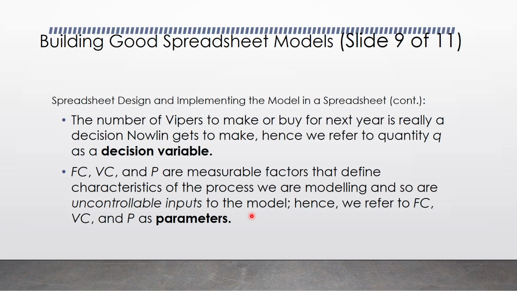In this section, we discuss some of those principles and the design and construction of a spreadsheet model using the Nowlin products make versus buy decision. In the construction of a spreadsheet model, it is helpful to categorize its components.